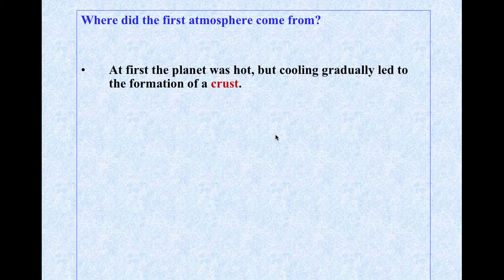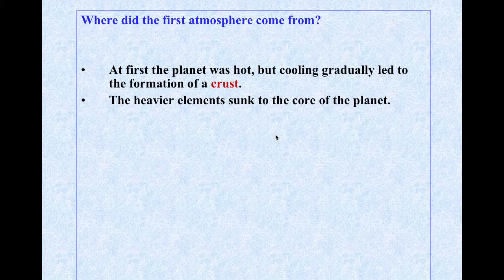So initially you have this very hot liquid mass, but gradually it loses energy and begins to cool down, and in the process a crust begins to form, and we have that kind of situation now. We have a liquid core and a crust on the outside of it.